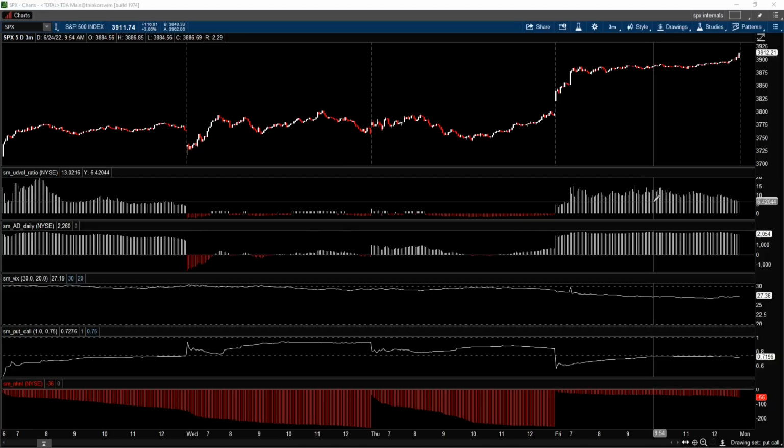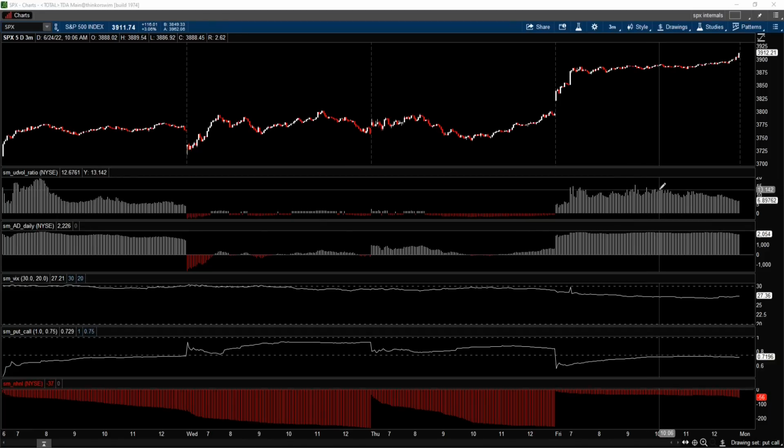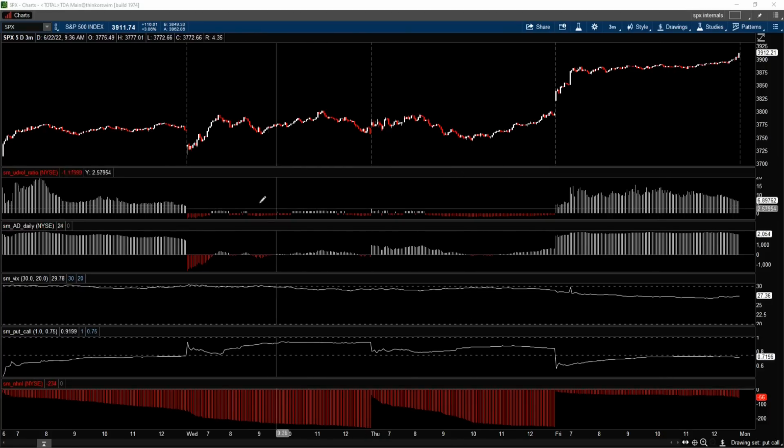And the Friday session was also quite strong, because we also saw the up-down volume ratio throughout the entire session above the 12 and close to the 15 level. Now on Wednesday and Thursday, we had a little bit of chop on the up-down volume ratio, but also at a very low level.